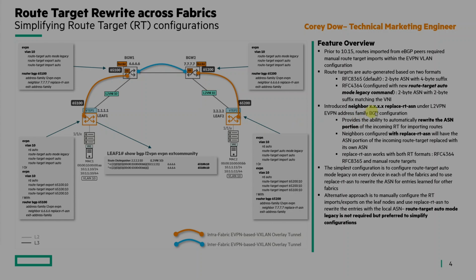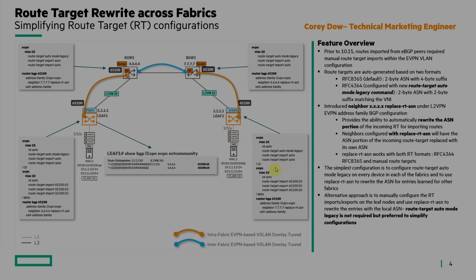The neighbor replace RTASN is configured within the BGP context, underneath the EVPN context. This allows the router to rewrite whatever the incoming route target is with the ASN of that specific router itself.